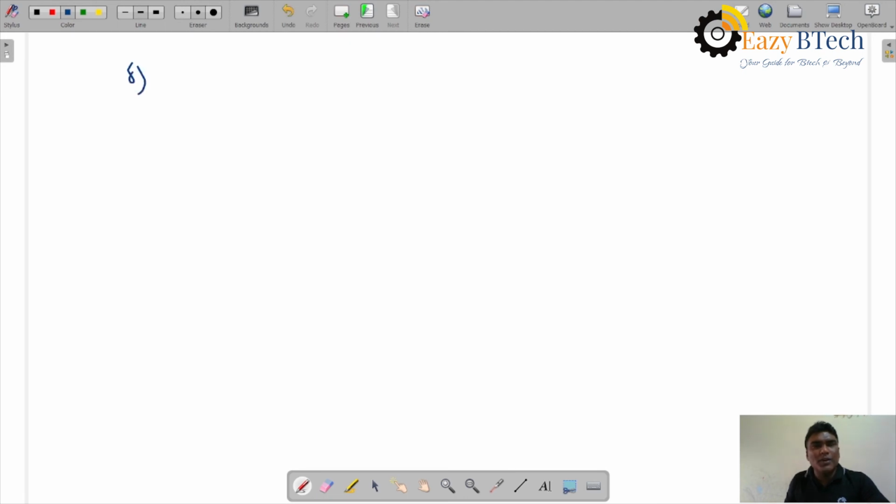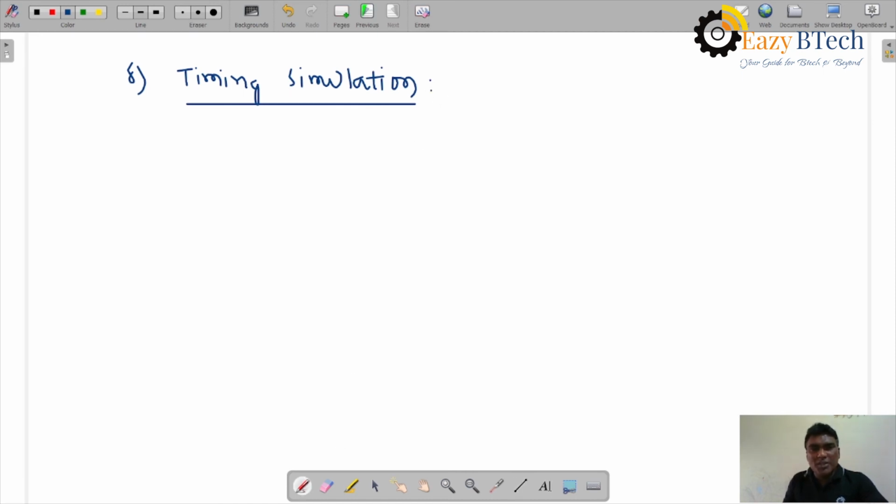Now what is the eighth one? The eighth one is timing simulation. In the timing simulation, we can know the time delays of the logic blocks and interconnections.